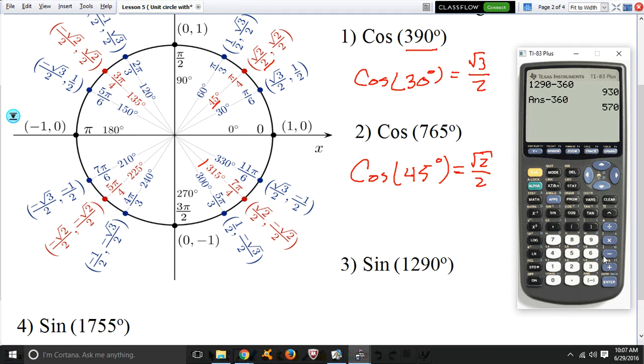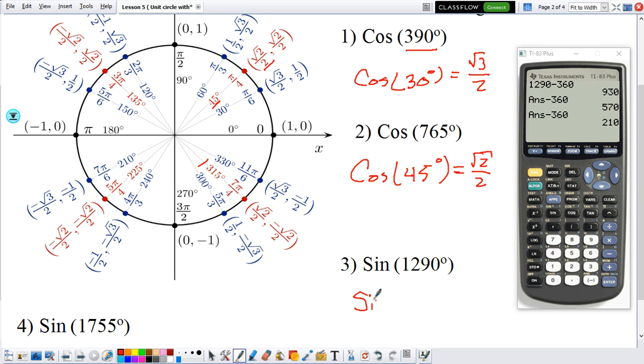Still greater than 360, so we subtract again. We get 210. 210, we have it right here on the unit circle. So now we know that the sine of 1290 is the same as the sine of 210. Here we have 210. If I want the sine of it, I look at the y value. So that will be negative 1/2.